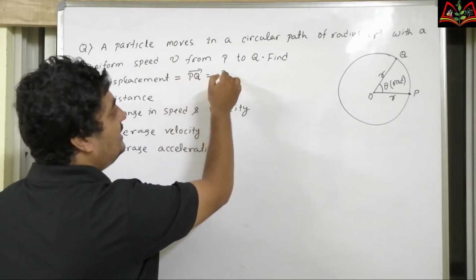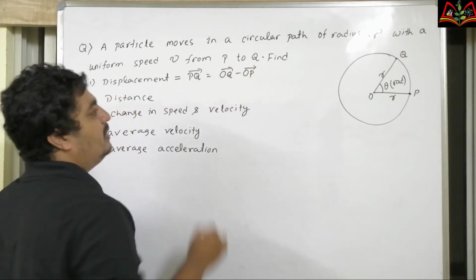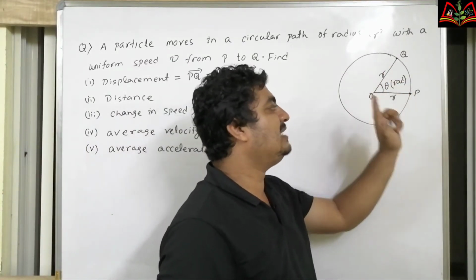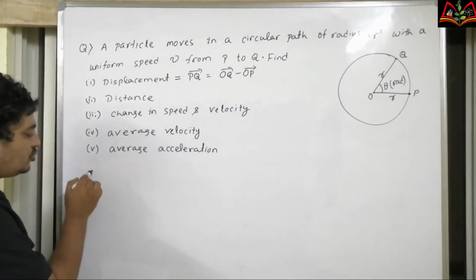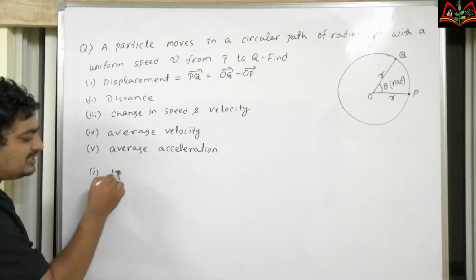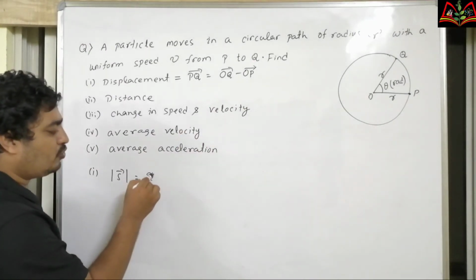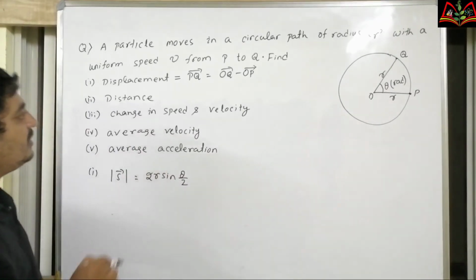So we can write it as OQ minus OP. Here OQ has a magnitude R, OP has a magnitude R, and the angle between them is theta. So mod of displacement or magnitude of displacement will be 2R sine theta by 2.